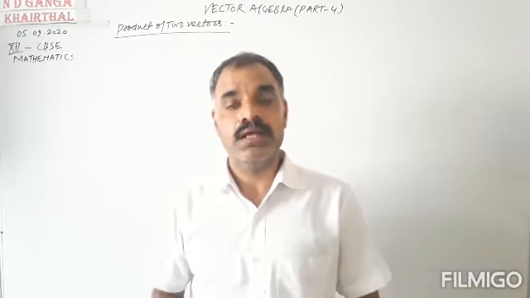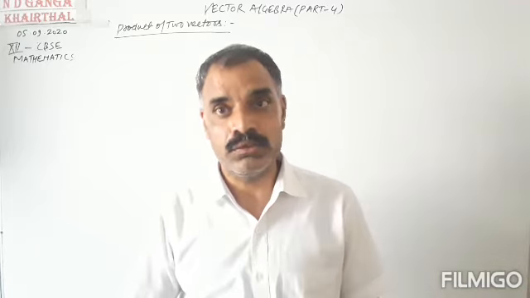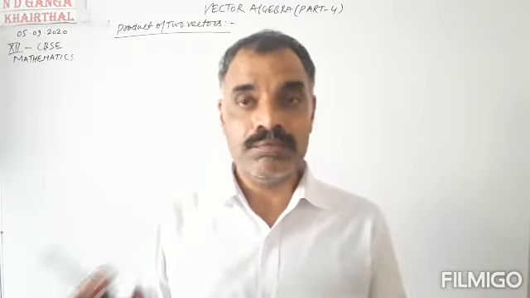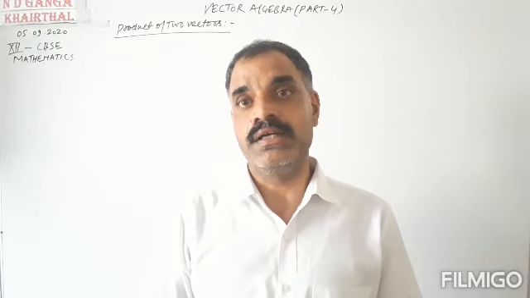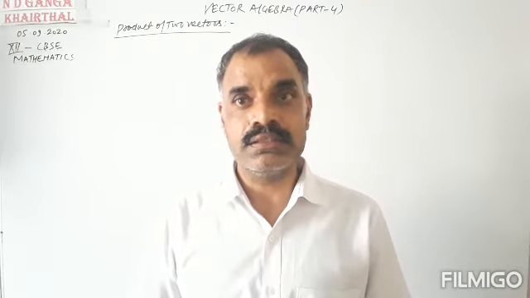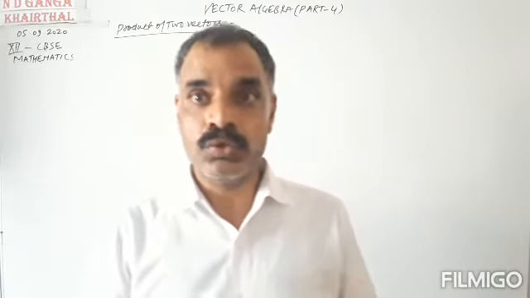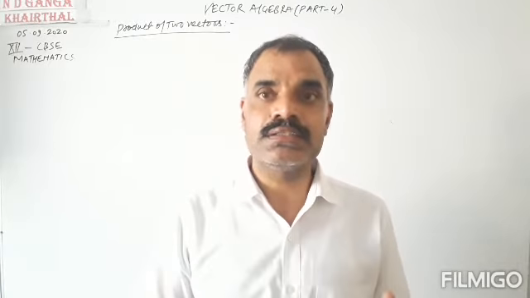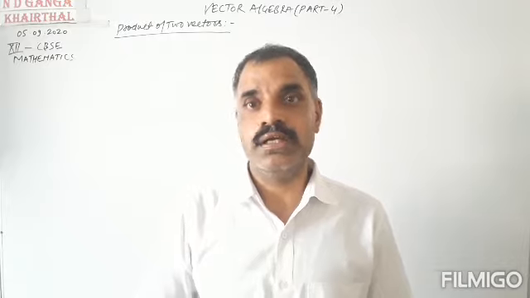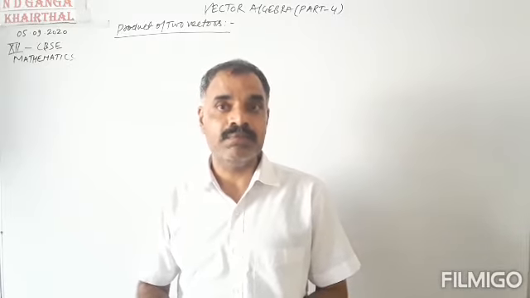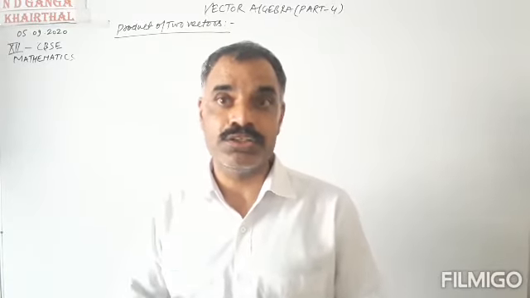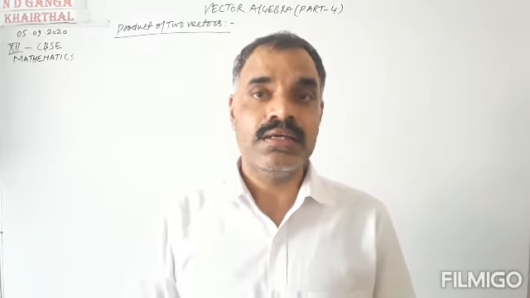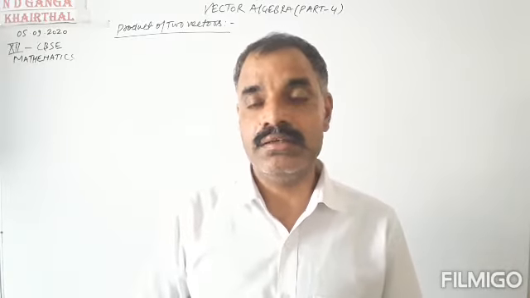Now we are talking about the product of two vectors. The product of two vectors is also done in two ways. First of all, it is the dot product, and the other one is the cross product. When we multiply two vectors in the dot product way, we get a scalar.